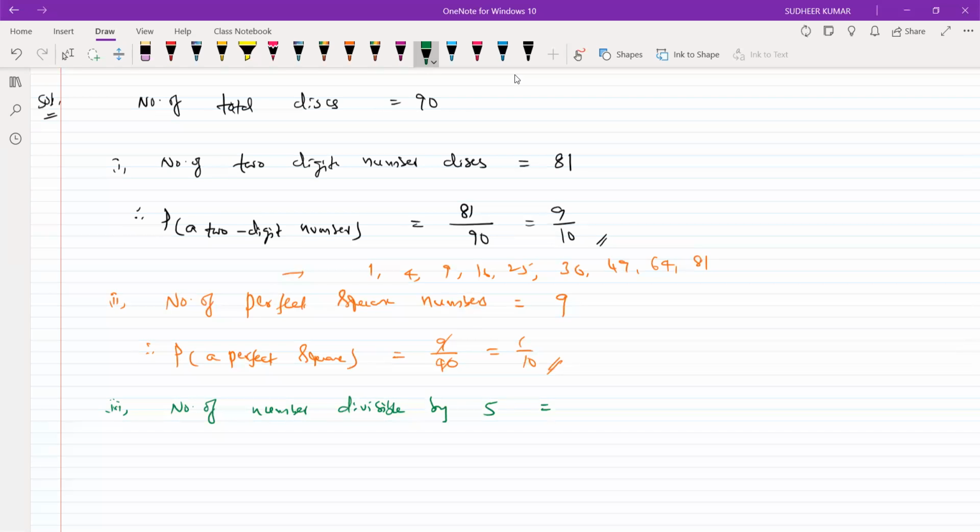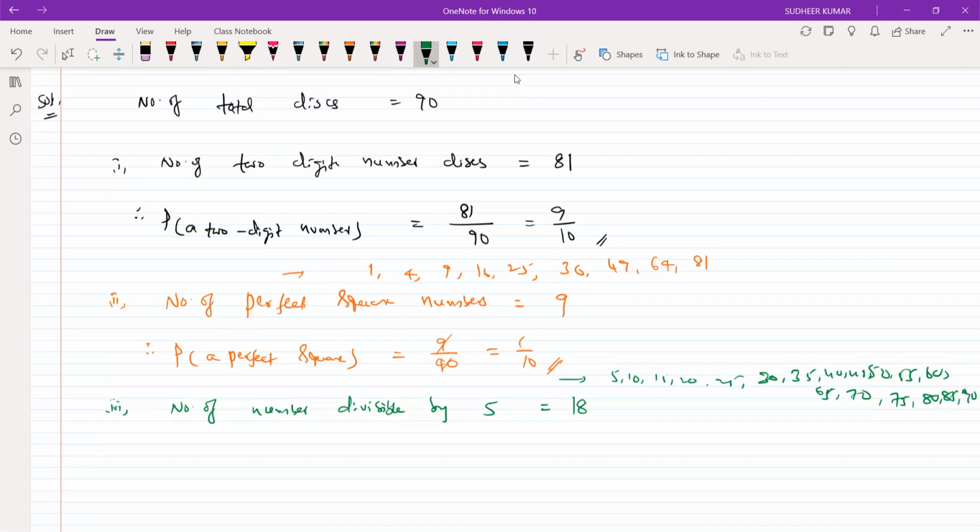Like that 9 tens, 9 twos are 18. If possible, you write here 5, 10, 15, 20, 25, 30, 35, 40, 45, 50, 55, 60, 65, 70, 75, 80, 85, and 90 also.